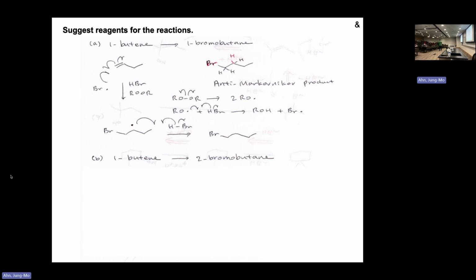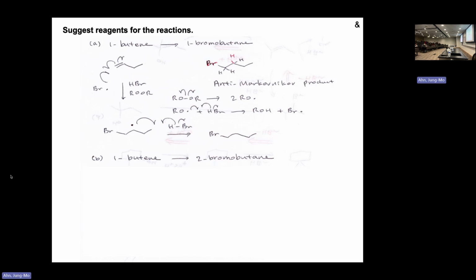So that's the reason the less substituted carbon, which is carbon number 1, gets the bromine, and then the more substituted carbon, carbon number 2, becomes a radical. That captures the hydrogen from HBr, then you get 1-bromobutane. So this is an anti-Markovnikov product. So you recognize what it is, you find the reagents and conditions based on what it is. This is the thing that you get used to.